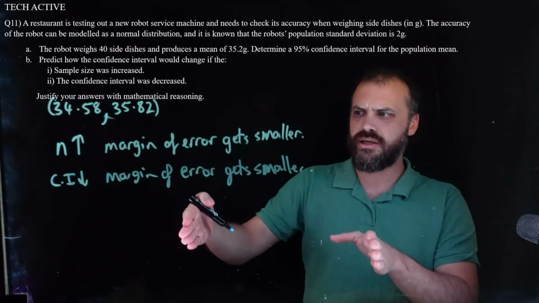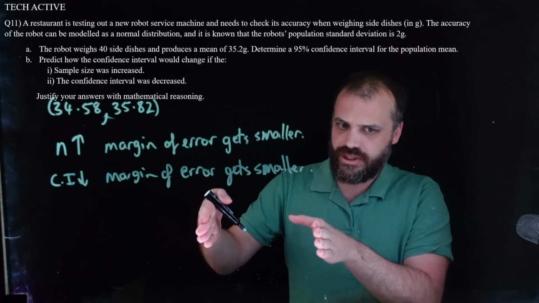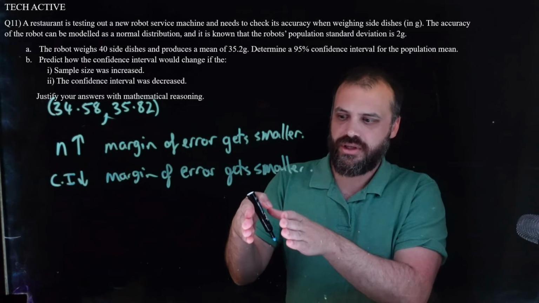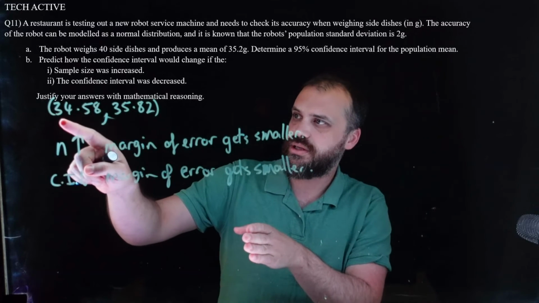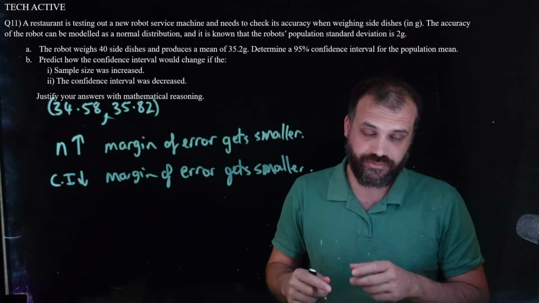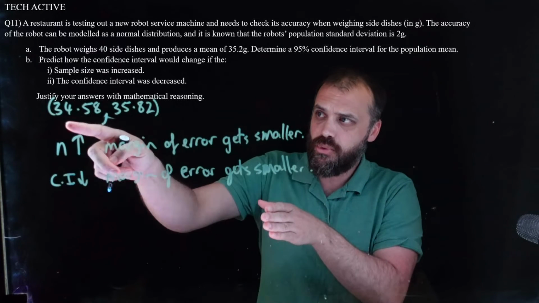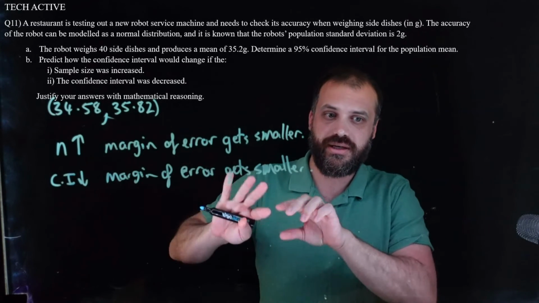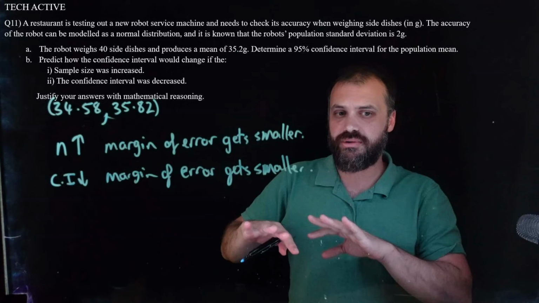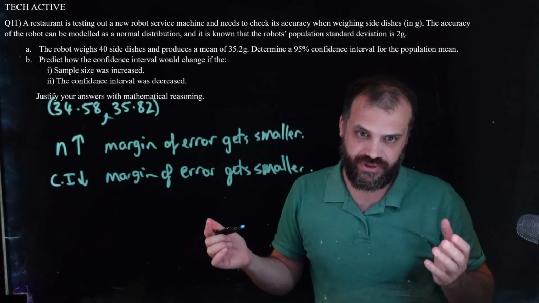If I want to be less certain, I can make it much, much smaller. And I can say, well, I think it's only between 35 and 35.2. Now, if I'm saying 35 and 35.2, more of the things that were in here are going to be outside of that. So I'm not going to be right 95% of the time. I'm going to be right like 50% of the time.